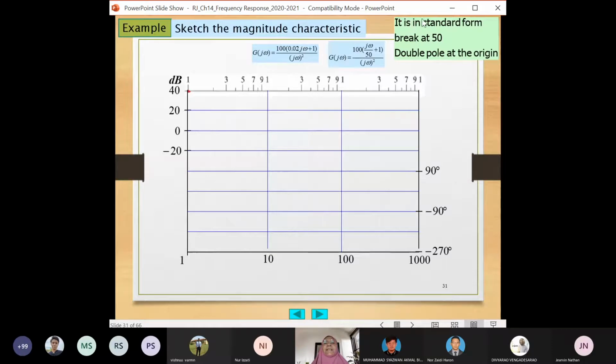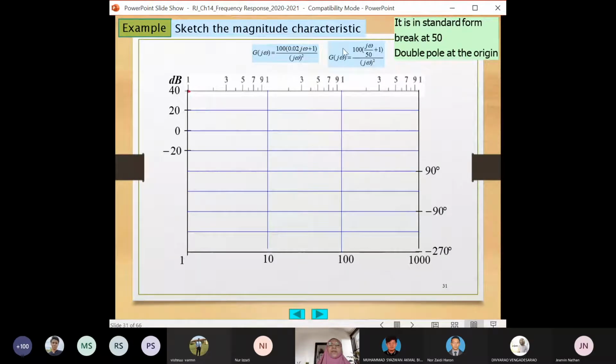Okay, now when you change it this way, you have the expression of the transfer function in the standard form, with a break at 50, which means the z value is 50, and a double pole at the origin because you have j omega squared.